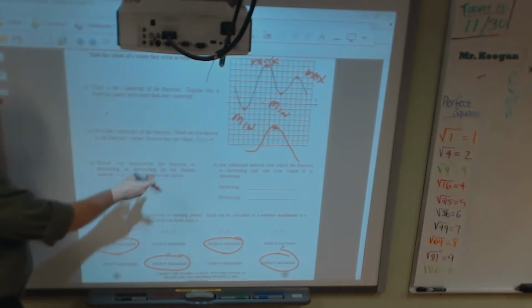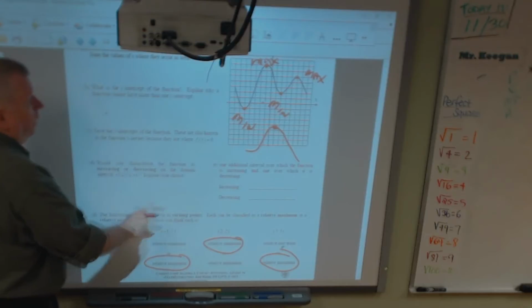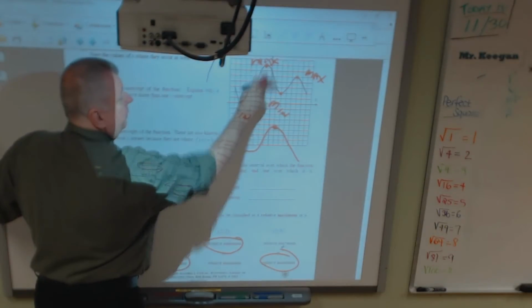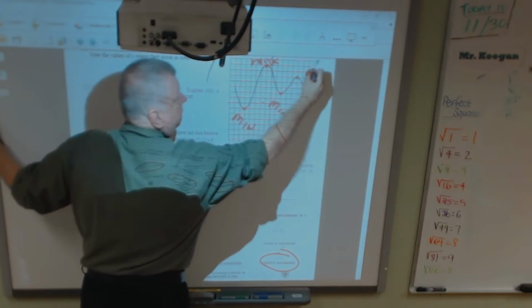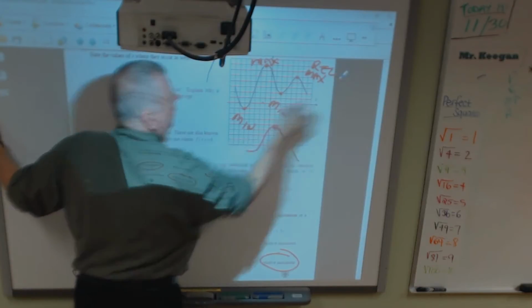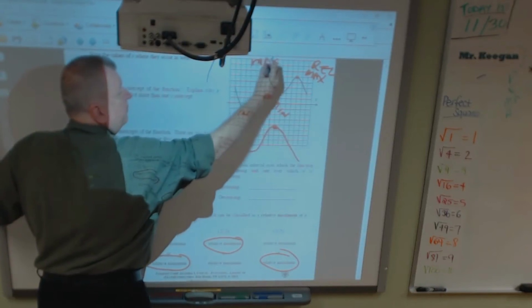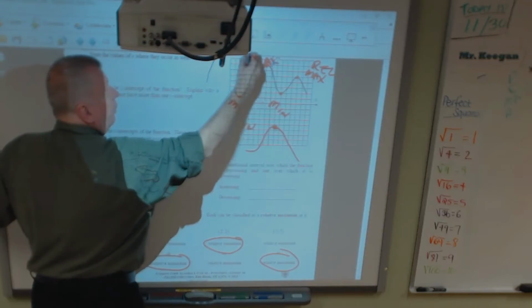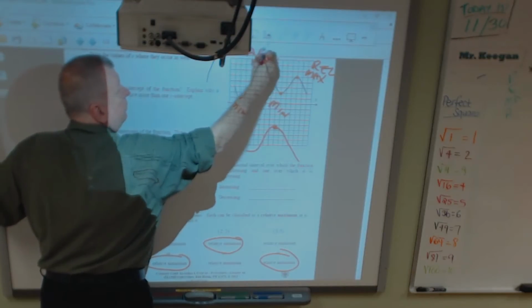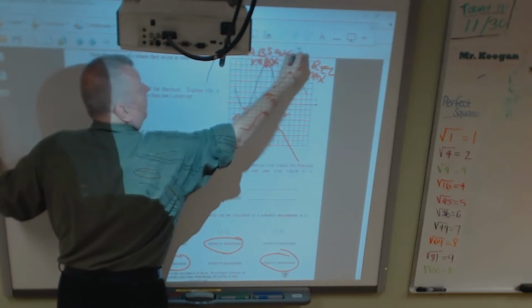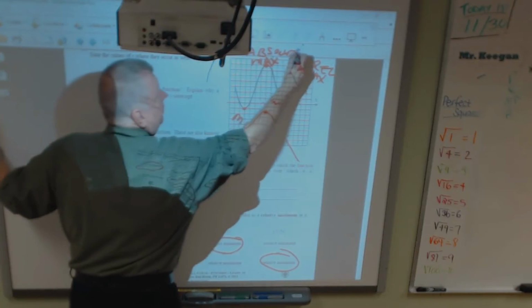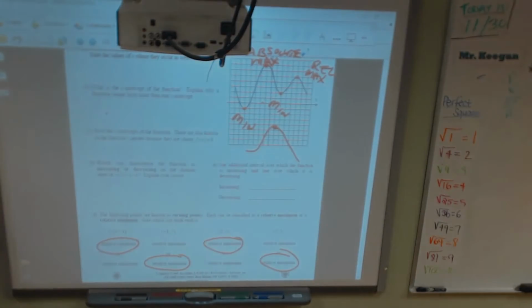And just let me mention, since we're here, this point here is called a relative maximum. This point here, since it's the biggest maximum, and we're going to learn this tomorrow, is called an absolute maximum, like absolute vodka. Absolute means it's like the highest high or the lowest low.